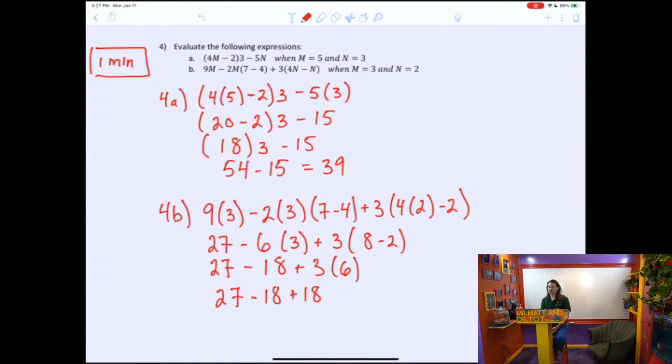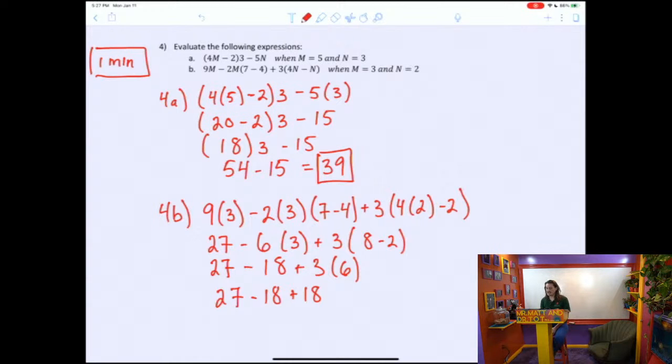4b, substituting 3 in for m and 2 in for n, we're going to get 9 times 3 minus 2 times 3 times the quantity 7 minus 4 plus 3 times the quantity of 4 times 2 minus 2.